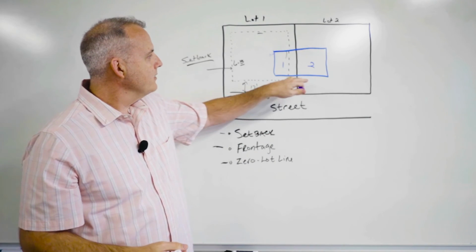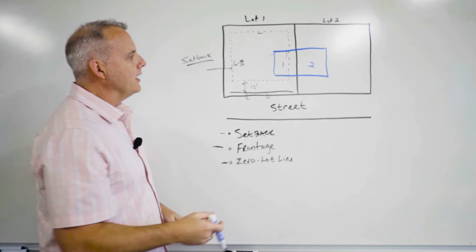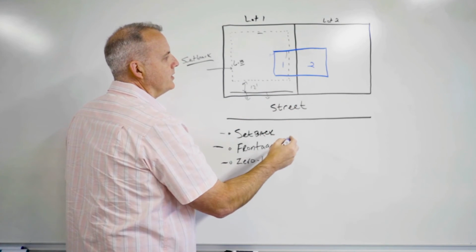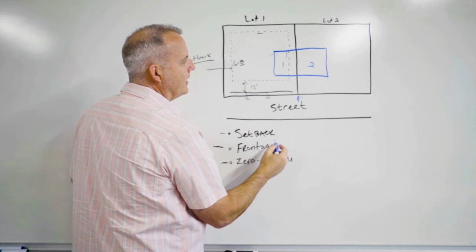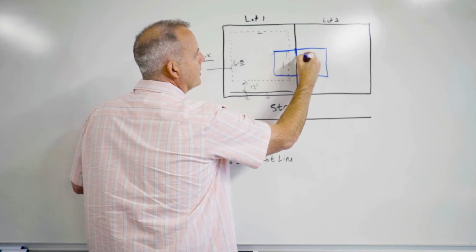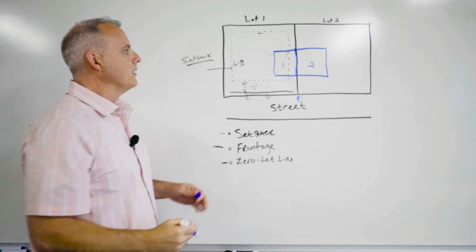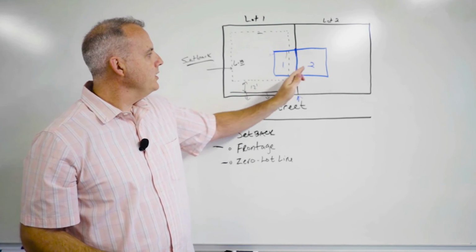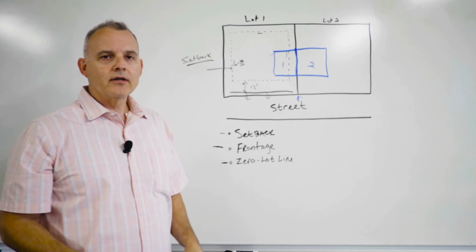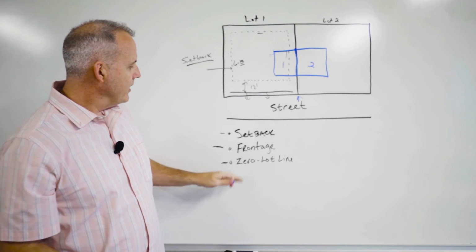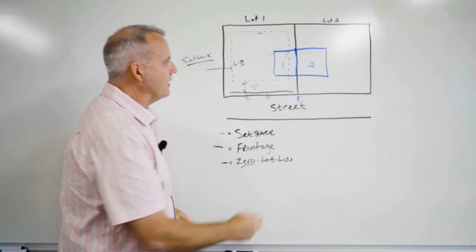There were actually 4 units, but in this particular example, there are 2 units, and this is a zero lot line. Remember, here's our property line right here, and the separation between unit 1 and unit 2, typically like a cinder block wall, is right on the lot line. So that's why they call it a zero lot line.